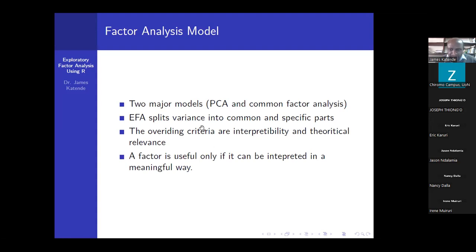So most of the time, it's really important to work with someone in the subject, an expert in the subject, to be able to work out the theoretical relevance of the results. Sometimes they may not make sense, or someone in the subject has some experience about how the variables work. So this theoretical relevance requires a subject expert sometimes to help with the interpretation.